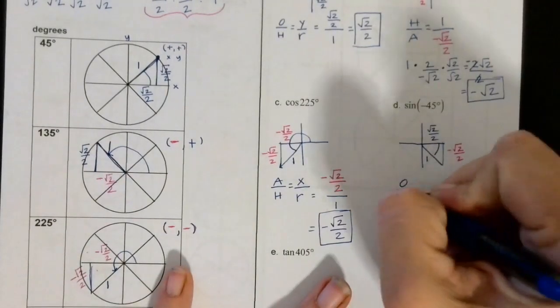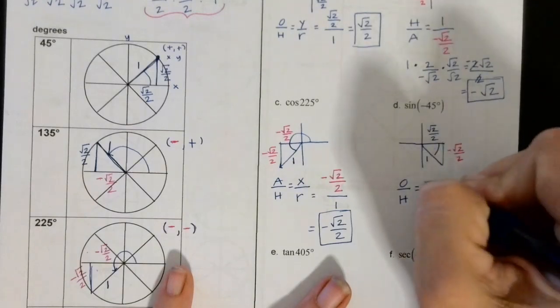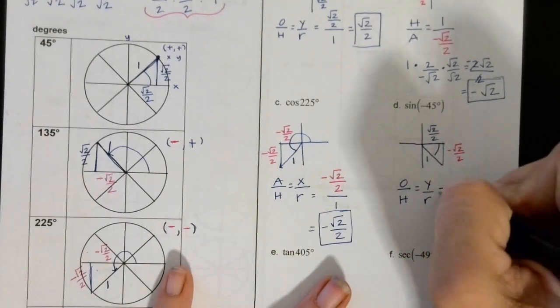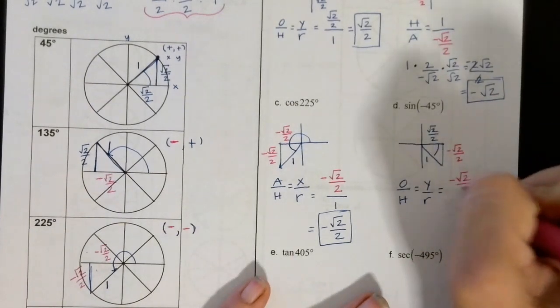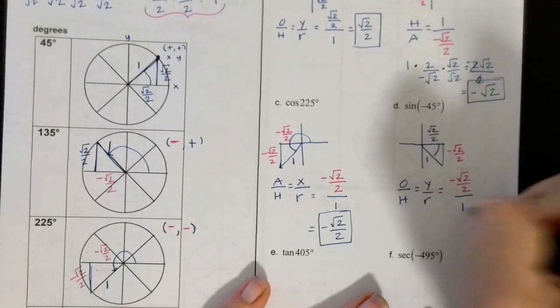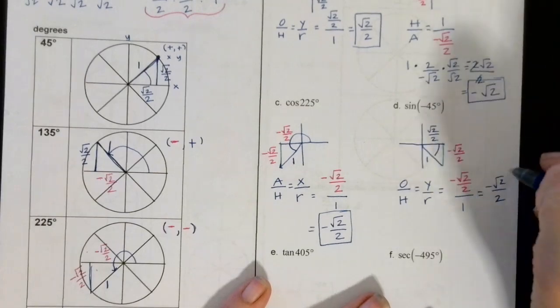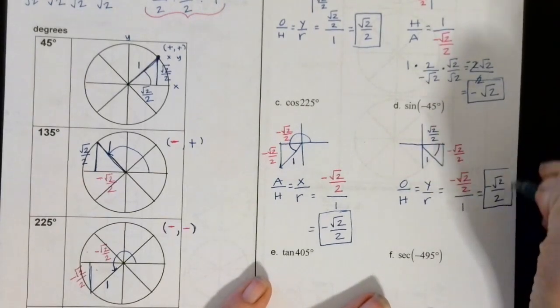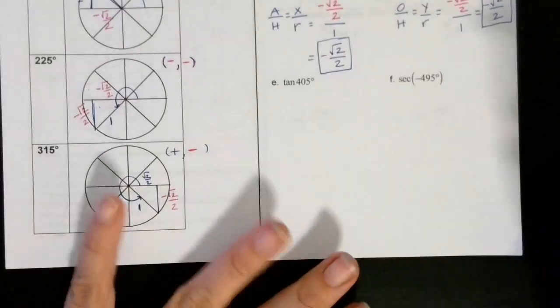Sine is opposite over hypotenuse, or the height over the radius. So this one is going to be negative root 2 over 2 over 1, which is negative root 2 over 2. We're going to see a lot of negative root 2 over 2's here because of it being a 45-45 triangle setup on this entire lesson.